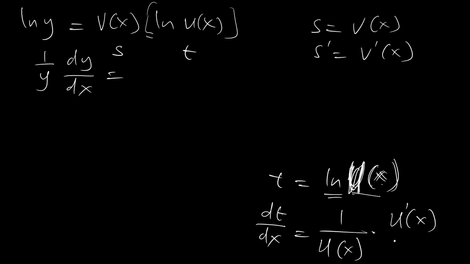So this means that t is equal to ln u of x, then t prime is equal to u prime of x over u of x.